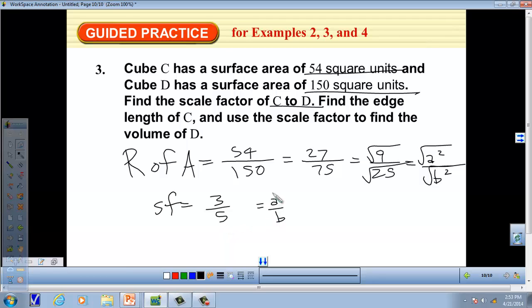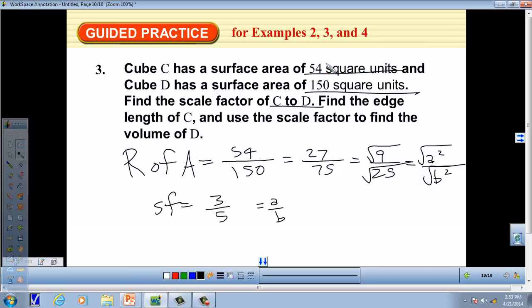And it says to find the edge length of C. If it's a surface area, the surface area of a cube would be found by doing, there's 6 surfaces, and each of them have the same area.